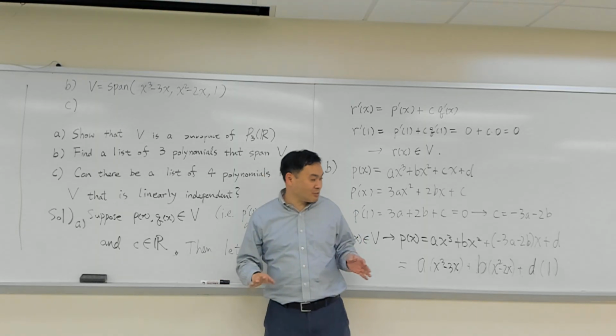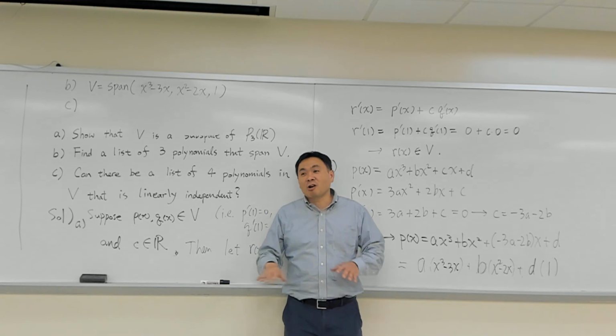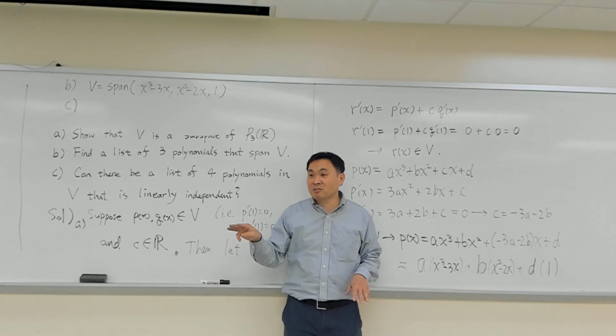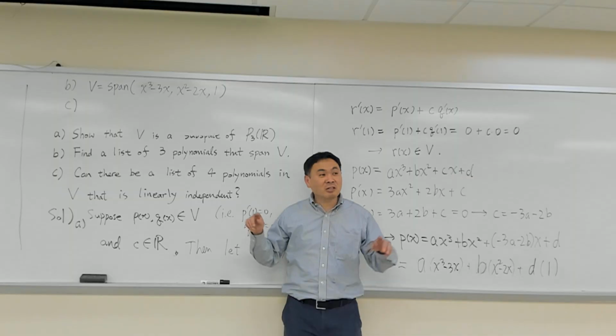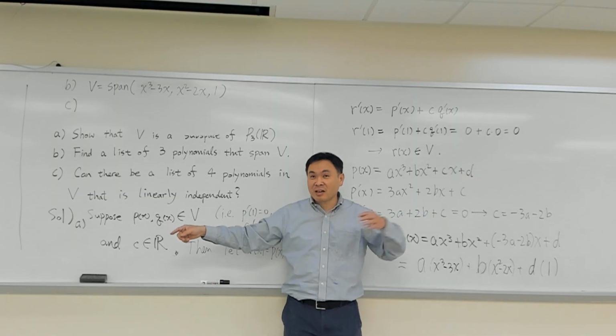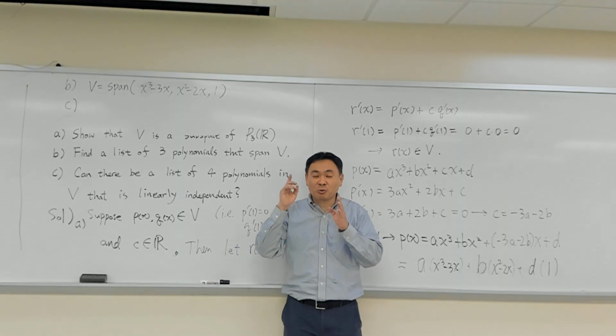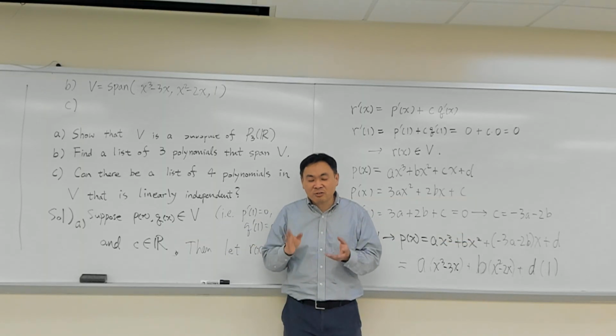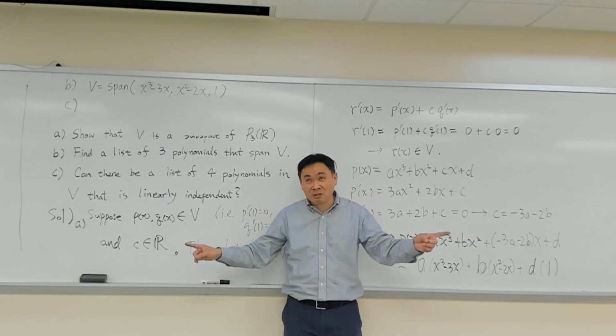So let's step back and ask this question. On a plane, can you have 3 different linearly independent vectors? Linearly independent means that they're pointing to different directions, right? And you can't express one vector as a linear combination of the other, right? So if 2 vectors are linearly independent, that means they're pointing to different directions.